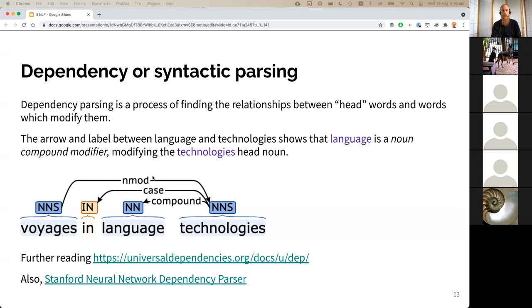So this is modifying the technologies. There's case marking, so that shows a dependency. So the case marking in technologies, and the compound, the noun compound modifier, is a noun that serves to modify this head. So the technologies here is the head word, language is modifying the technologies. So it's adding more information to it.